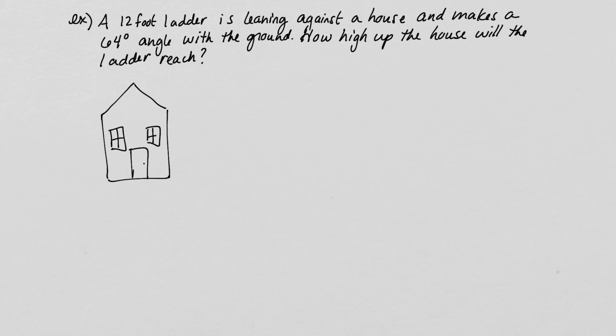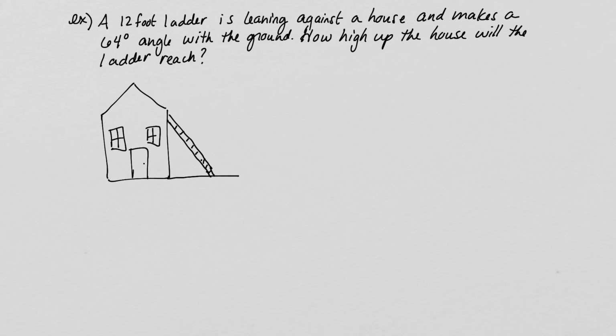Gotta make it a little lively, right? And so we have a ladder that's leaning up against the house. So basically, here is my ladder, and it's leaning up against the house. So here's the ground next to the house.